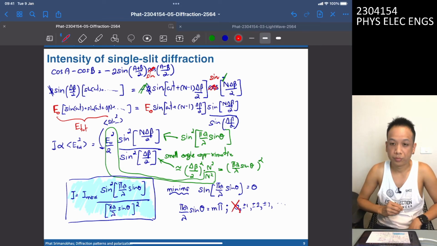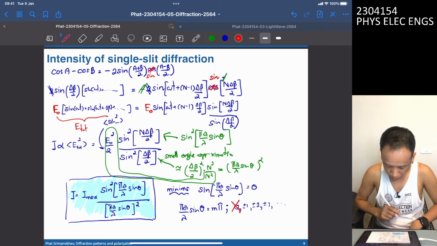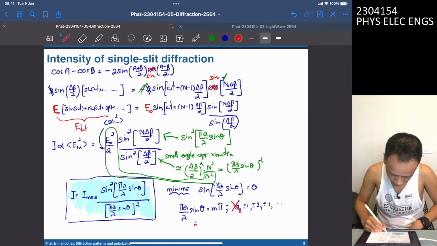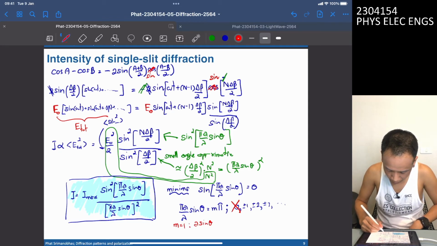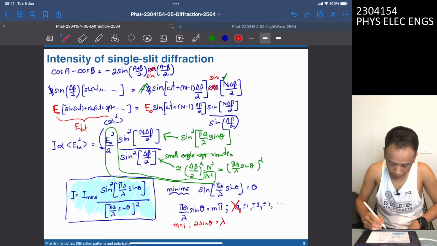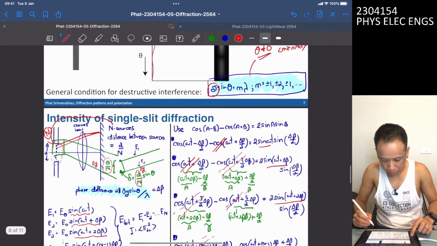And then if you use m equal to 1, what happens? You get a sine theta equal to lambda. So this is what you got before, right?